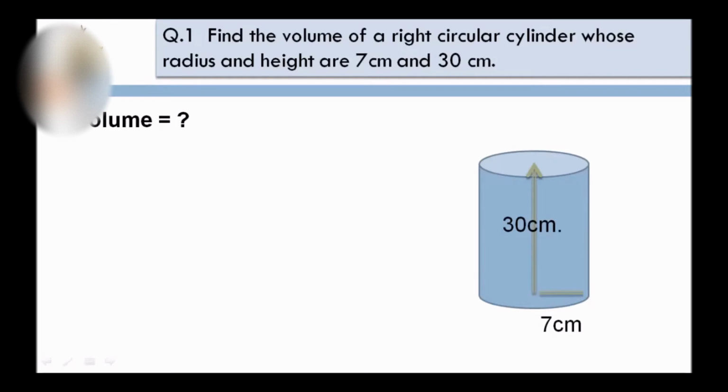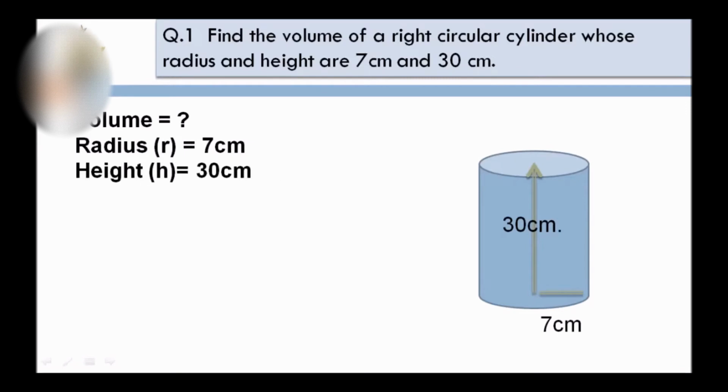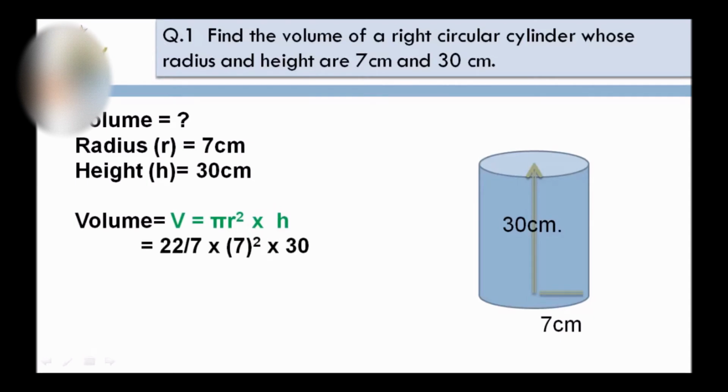In this question, we will find volume. Radius is 7 centimeter. Height is 30 centimeter. We know that the formula to calculate volume of right circular cylinder is pi r square multiplied by h. So first put values of pi, radius and height.